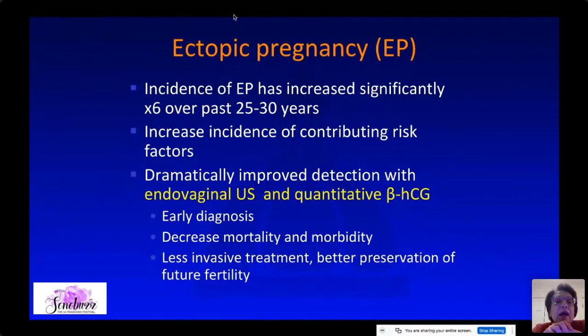And also there is an increased incidence of contributing risk factors such as pelvic inflammatory disease, treatment for infertility, smoking, etc. But the good news is that with endovaginal ultrasound, we have been able to achieve early diagnosis, which decreases not only mortality but also morbidity, as well as allows less invasive treatment with better preservation of future fertility.